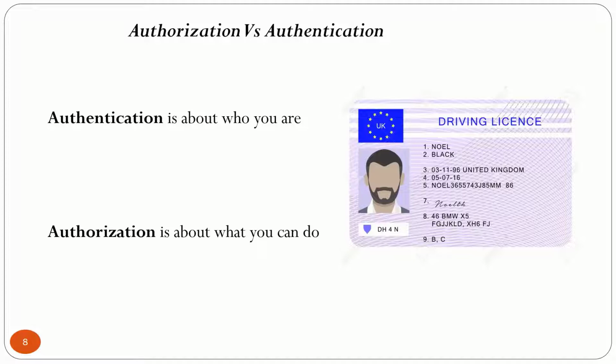Depending on the point of view, you can consider the driving license as an assertion that you are who you claim to be, authentication, or under another point of view, you gain the possibility to drive a car. So you are allowed to drive a car, you are authorized to drive a car. And this is obviously authorization.